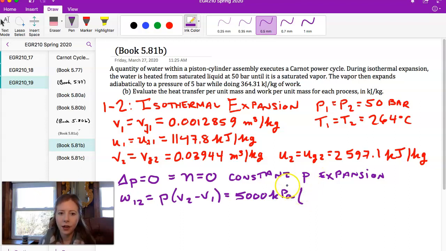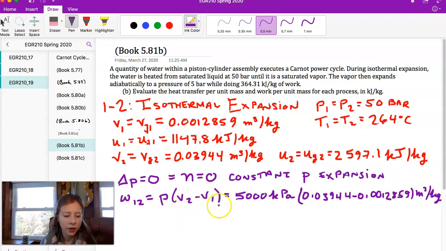And our delta V is going to be V2 minus V1, which is going to be 0.03944 minus 0.0012859 meters cubed per kilogram. And so W12 is equal to 190.77 kilojoules per kilogram.